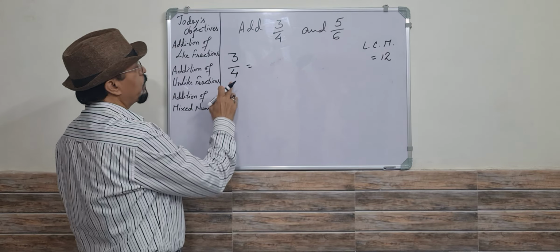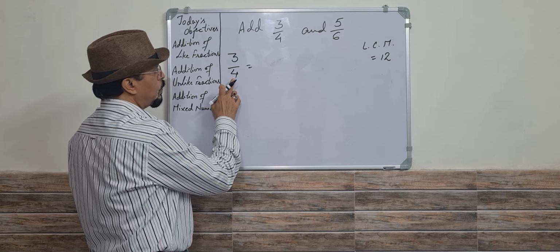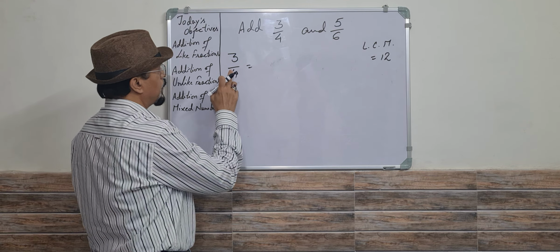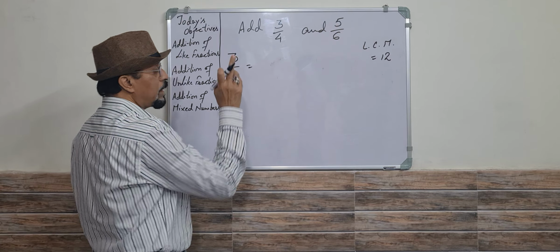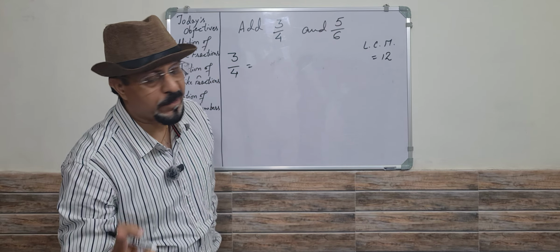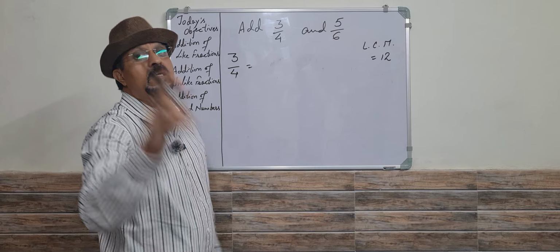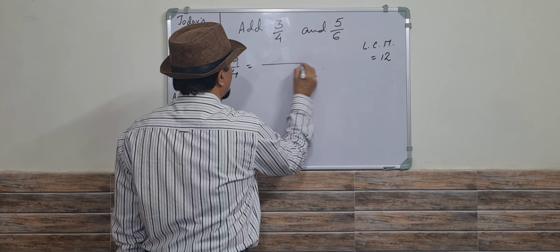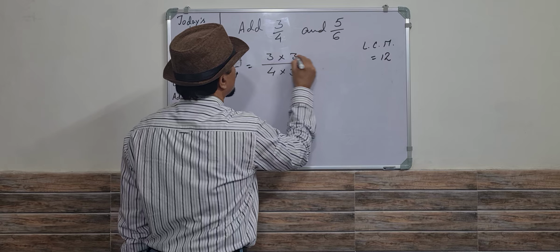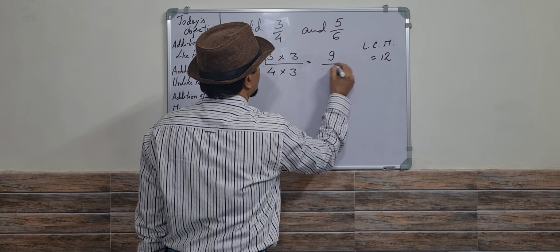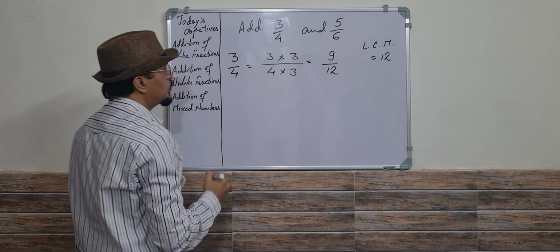If I have to get the denominator as equal to 12, I need to multiply the denominator 4 with 3. But then if I multiply the denominator with 3, I'll be multiplying the numerator also with the same number. So 4 into 3 and 3 into 3 is equal to 9 upon 12.